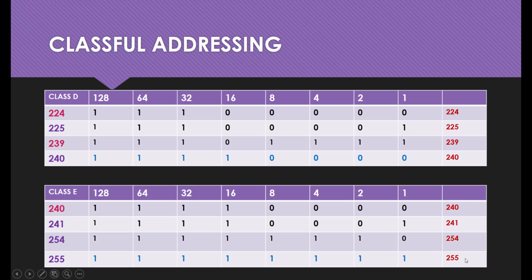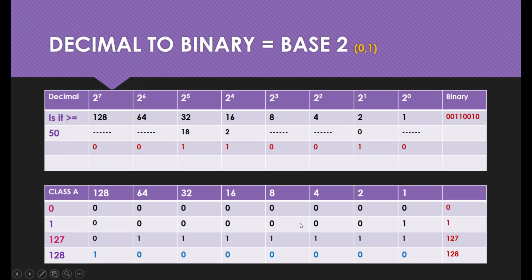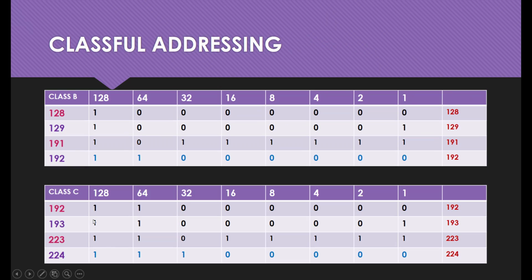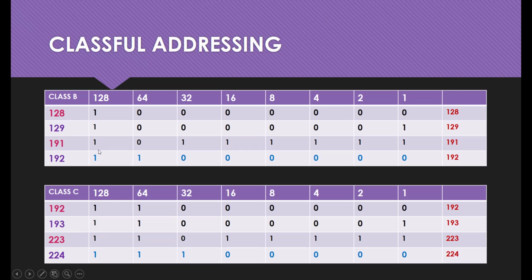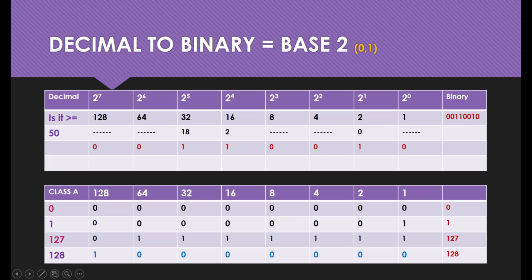So we can see that we can easily identify these as key numbers. That's 0, 128, 192, 224, 240, and 255, just by simply adding these values at the top.